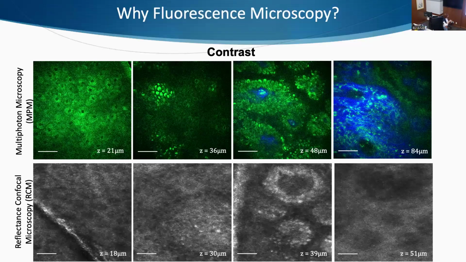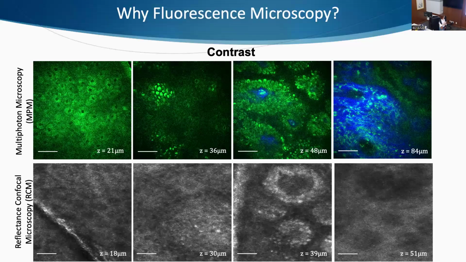I picked these images also relevant to skin imaging, to put side by side the images acquired with multiphoton microscopy, the types of images I showed earlier, with what we get, for instance, from reflectance confocal microscopy. Some of you here must be familiar with reflectance confocal microscopy.